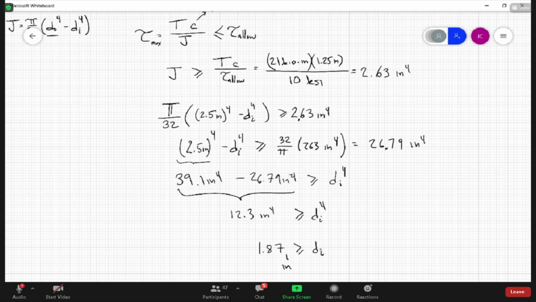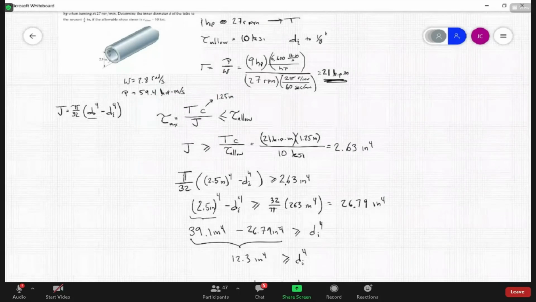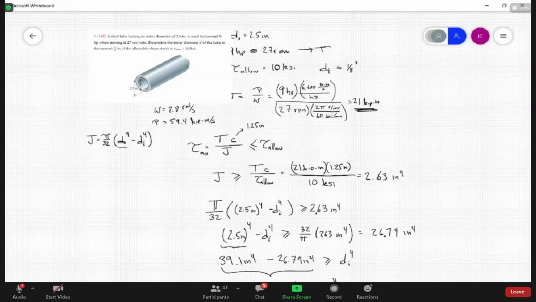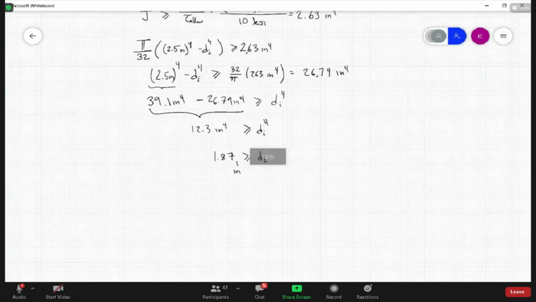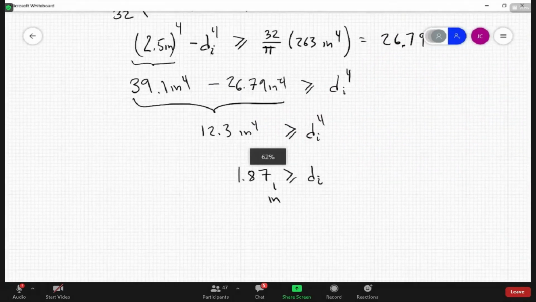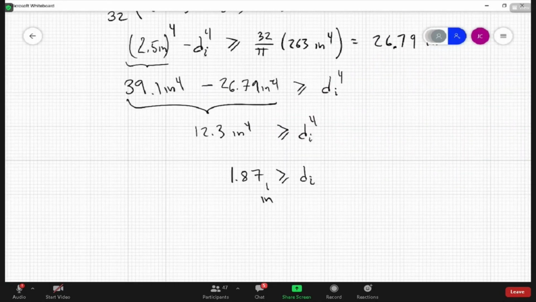So we need to round it off to the nearest eighth of an inch or quarter of an inch. What do they say? Eighth of an inch, okay. So that would be 1.875, the nearest eighth inch.